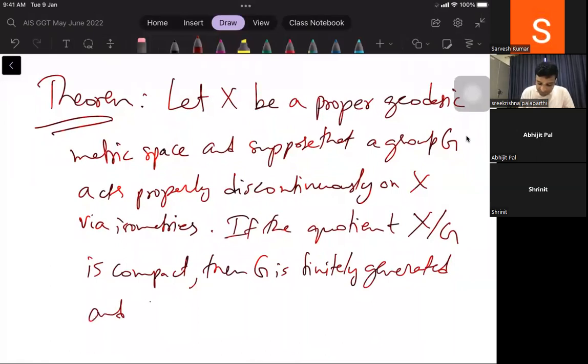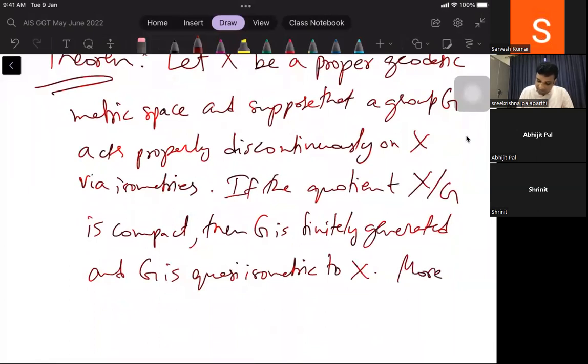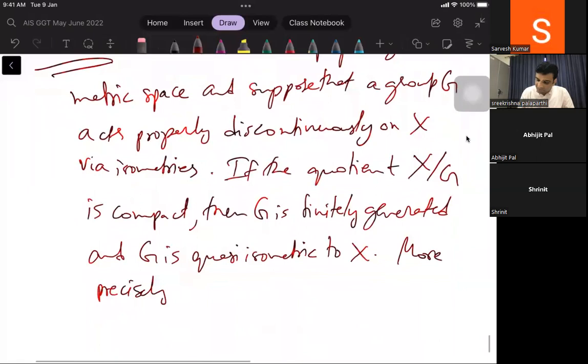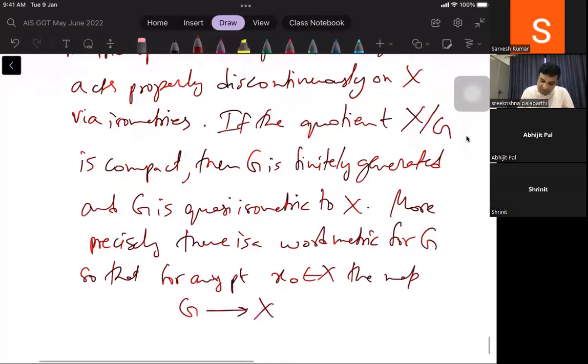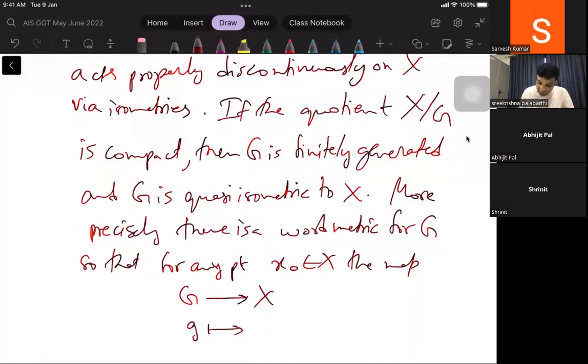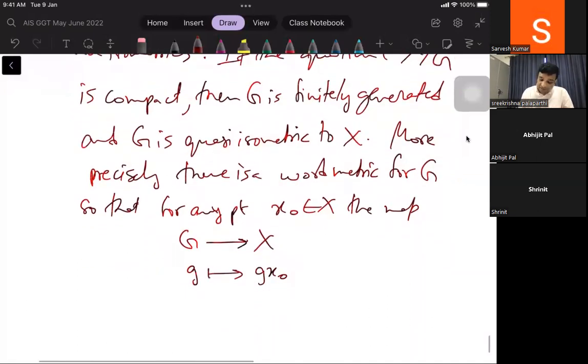And furthermore, G is quasi isometric to the metric space X. More precisely, there is a word metric for G so that for any point x0 in X, the map from G to X given by g goes to g x0 is a quasi isometry.